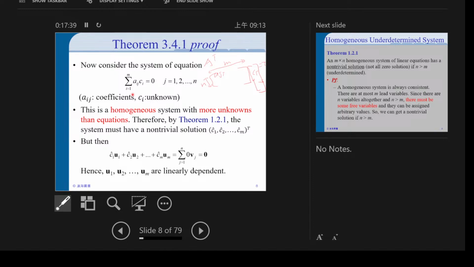We can think about these n equations as a linear system of equations.